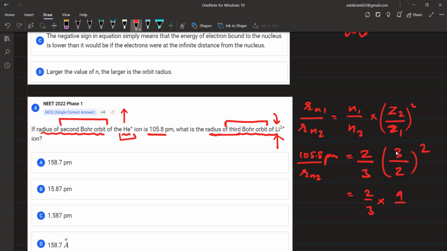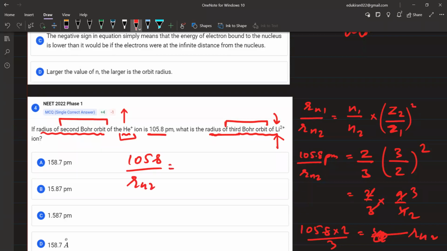2/3 into 9/4. ये हो जाएगा आपके पास 3/2, राइट? 3/2, और इसको डिवाइड कर दीजिए किसके? 105.8 into 2 divided by 3 will be equal to Rn2, है ना? 105.8 divided by Rn2 will be equal to 3 by 2 आ रहा ना, 9 by 4.